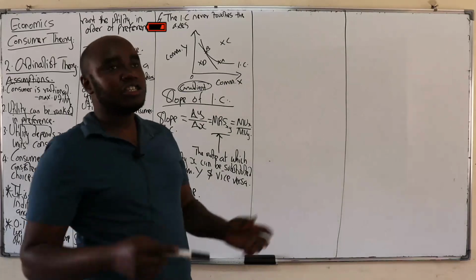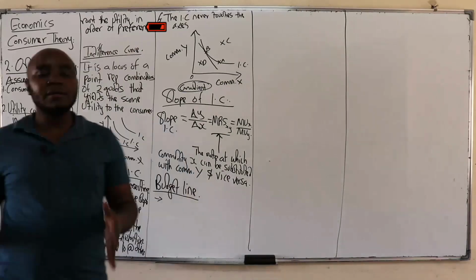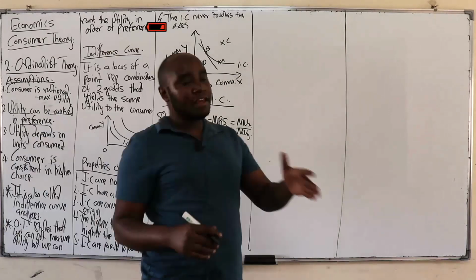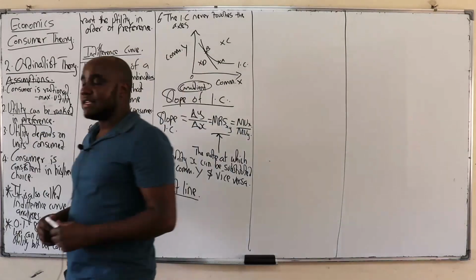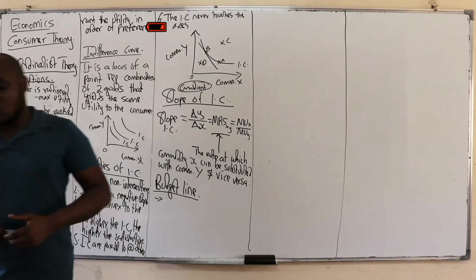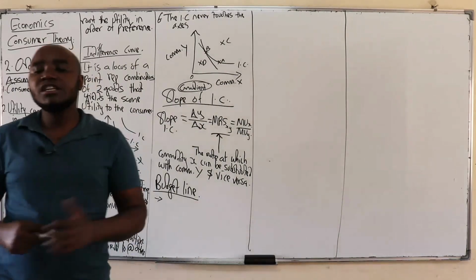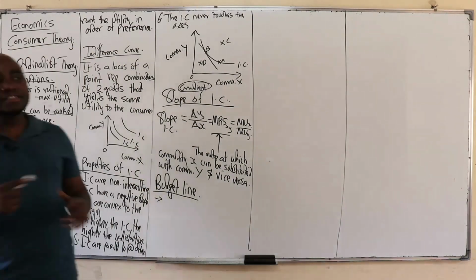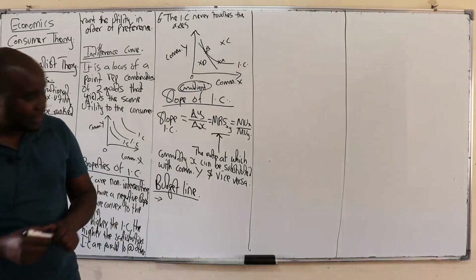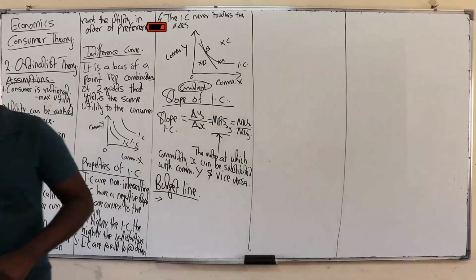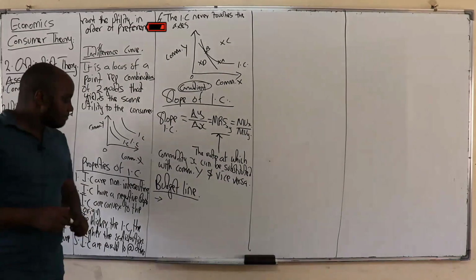All you're talking about is that you have some income, your personal income, and then there are the prices of the commodities, probably of X and Y. So we are trying to see which combination or amount of commodities X and Y you can purchase with a given income.